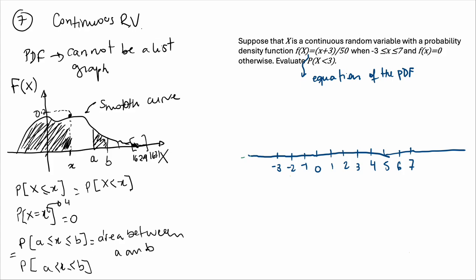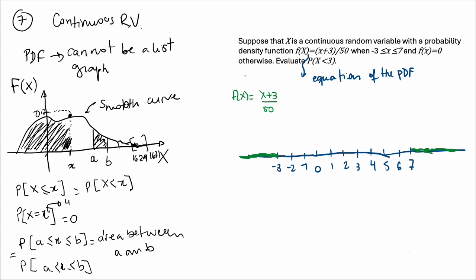So think about plotting my PDF. It is 0 otherwise, so it's 0 off of the interval -3 to 7, and between -3 and 7, it follows this equation. Now, this equation is f of x equal to (x + 3)/50.